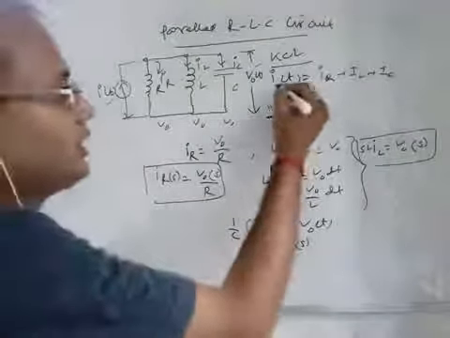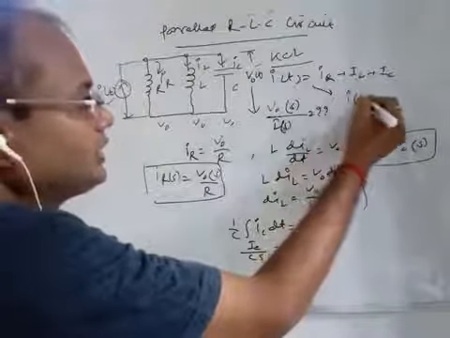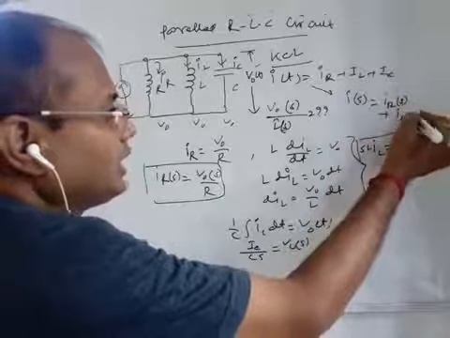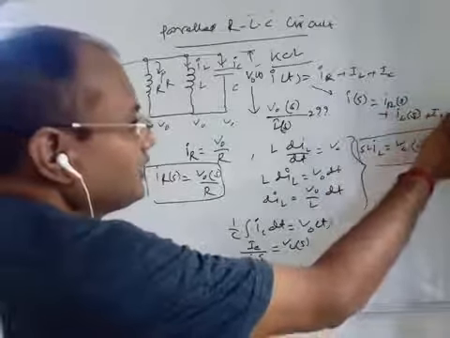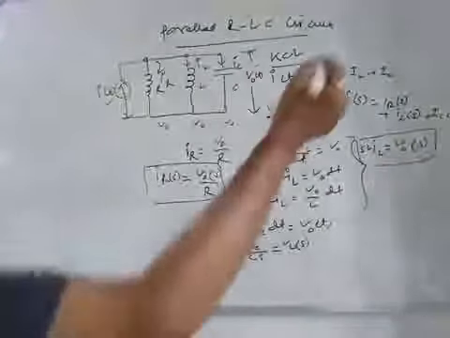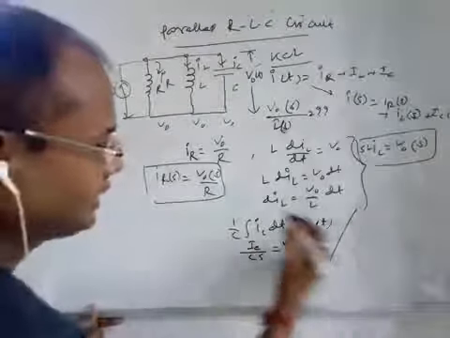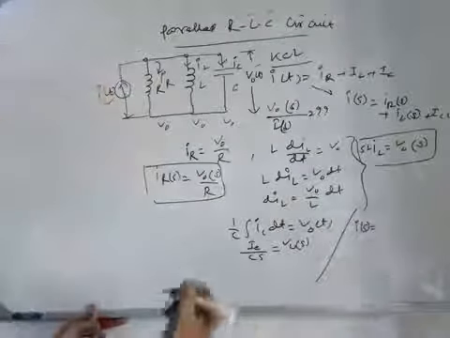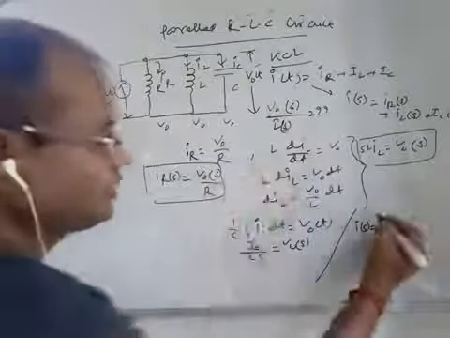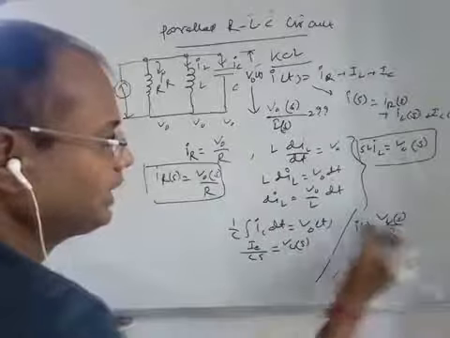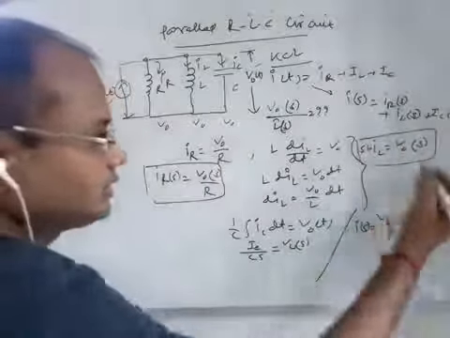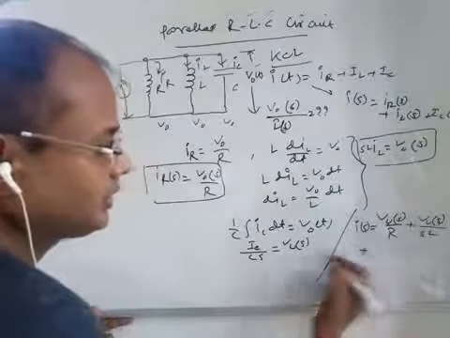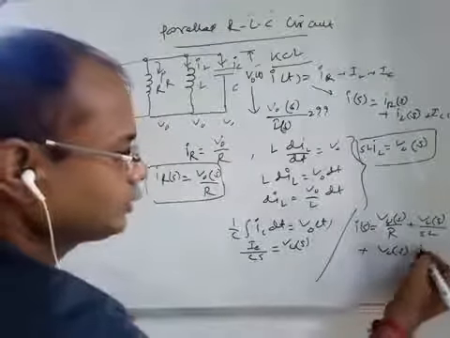And if you take the Laplace transform on both sides, this IS will be equal to IR(S) plus IL(S) plus IC(S). Right? And putting these values, what will we get? This is your IS equal to V0(S) by R, plus IL, that is V0(S) by SL, plus V0(S) into CS.